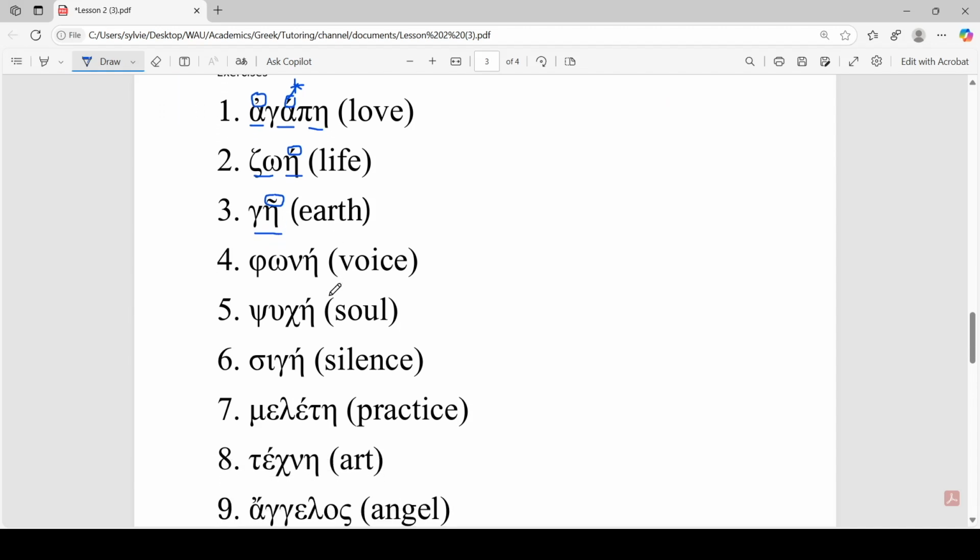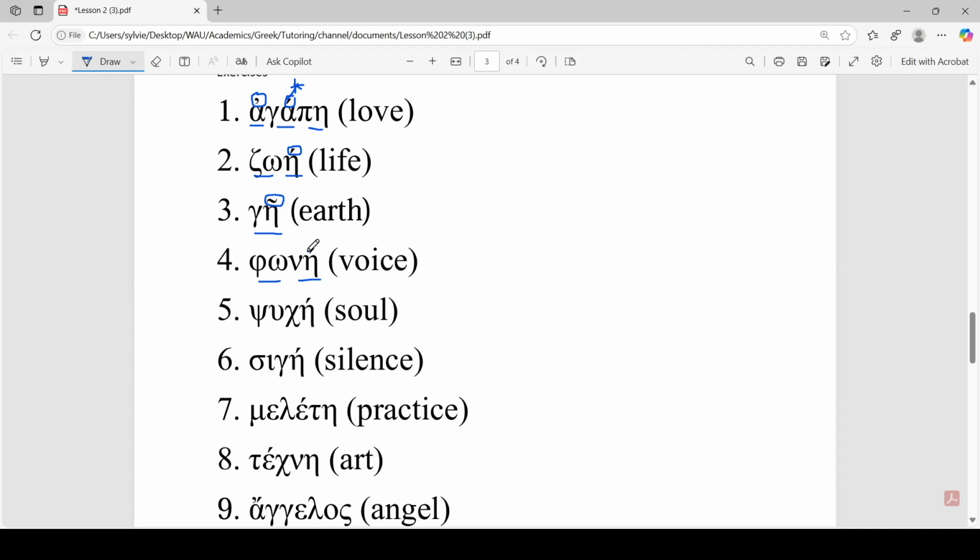Well, what else? We have this word now. One moment. Sorry. Our next word is phone. How many syllables do you think this word might have? Well, phone has two syllables.